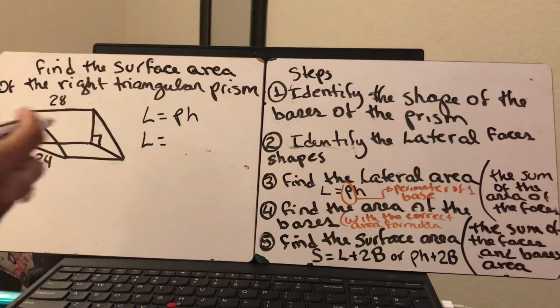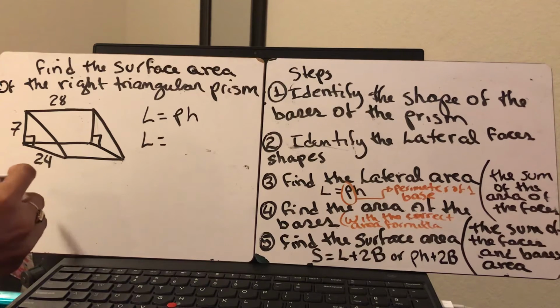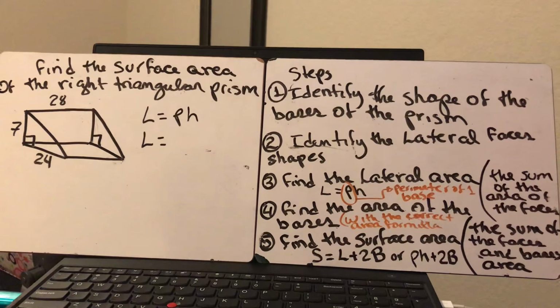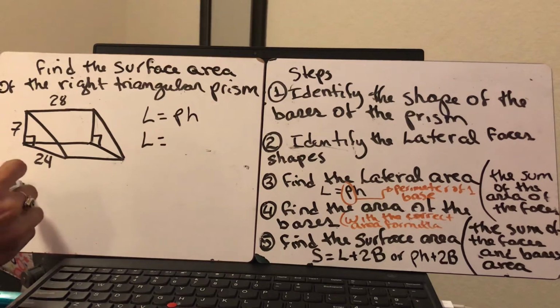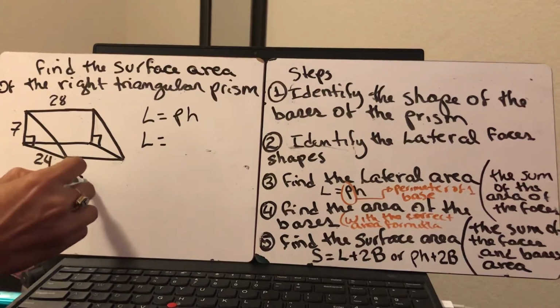So I will do the Pythagorean theorem. In this case, I have two sides, I just need the third one. So it's going to be 7 squared plus 24 squared equals c squared.